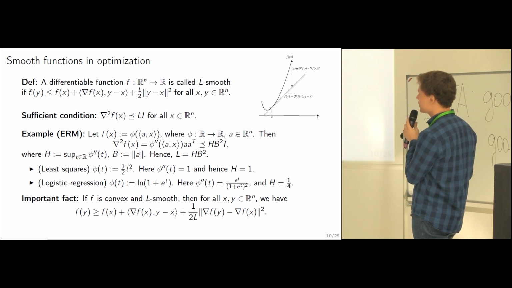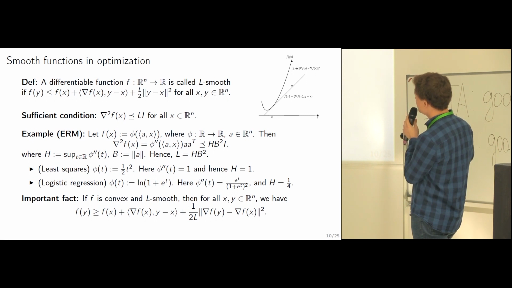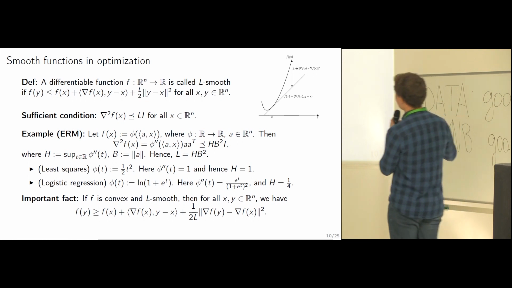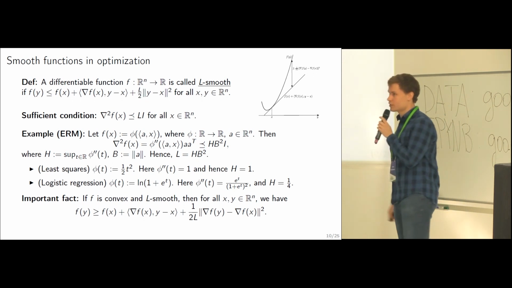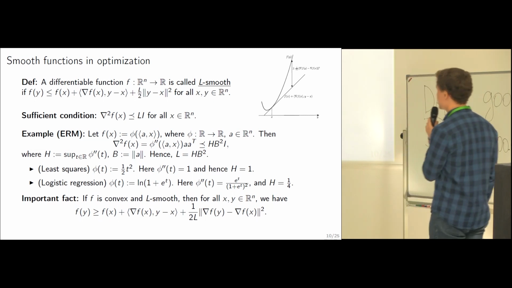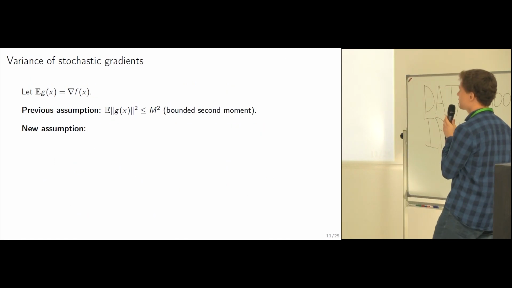However, if our function is additionally smooth, then this distance between our function and this tangent line, the lower support of our function, grows at least as this quantity. Just remember this picture for now, and we will return to this. Actually, this fact will help us to reduce the noise of our stochastic gradient in the second part of this lecture.